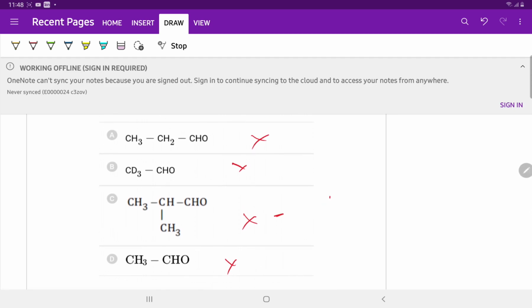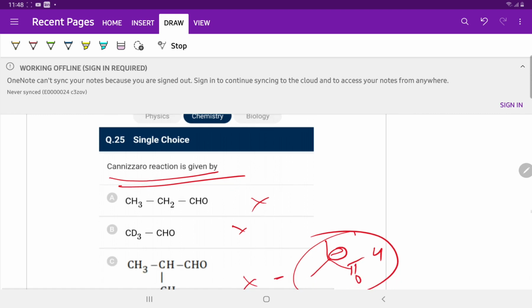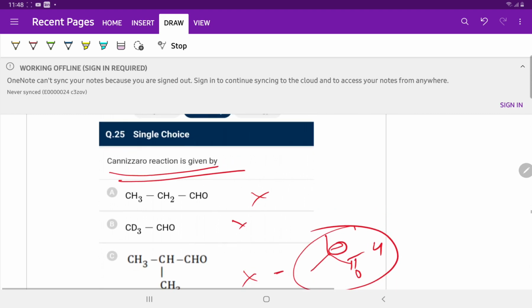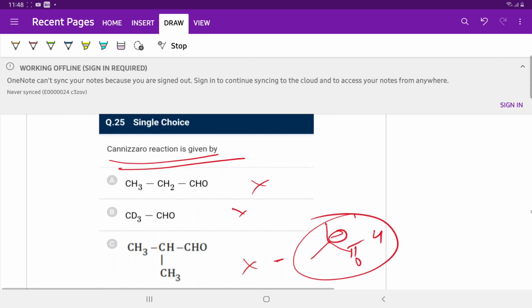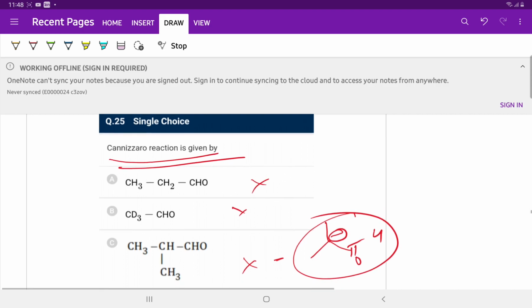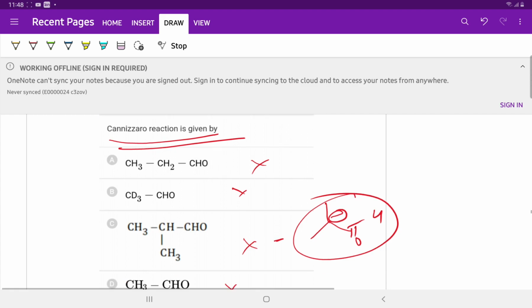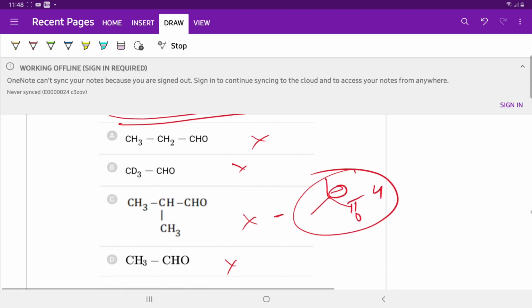C, this carbanion is highly unstable. I think the question language is wrong. We know very well the compound that does not contain alpha hydrogen goes through the Cannizzaro reaction. But the question says Cannizzaro reaction is given by. You can leave this type of question.